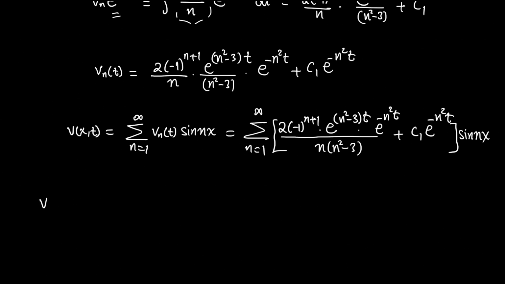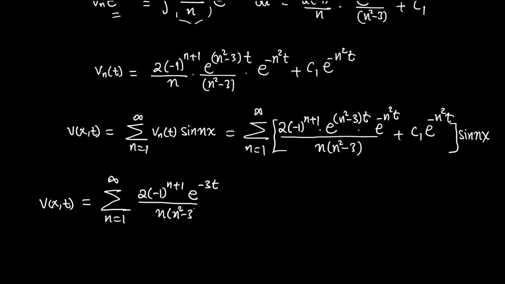So let's have v(x,t) equal to the summation of 2 times (minus 1 to the n plus 1) e to the minus 3t over n squared minus 3, plus c1 e to the minus n squared t, sine of nx, like that.